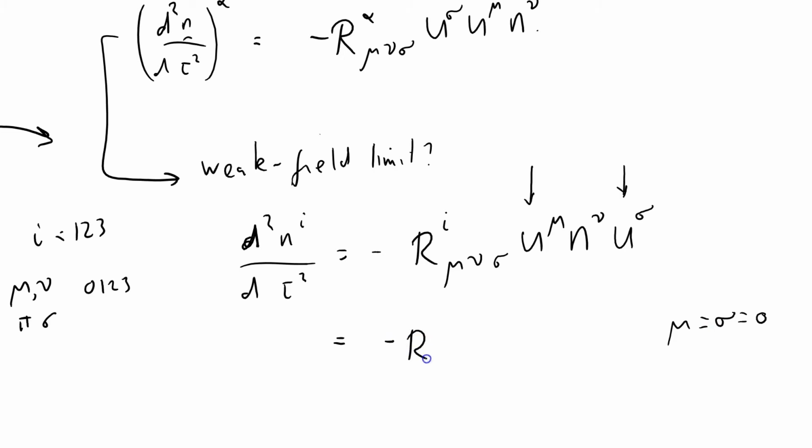So it equals minus R^i 0 nu 0, u^0 n^nu u^0. We'll come back to nu and think about that in a minute. u^0, that's right. Yes, that's correct.